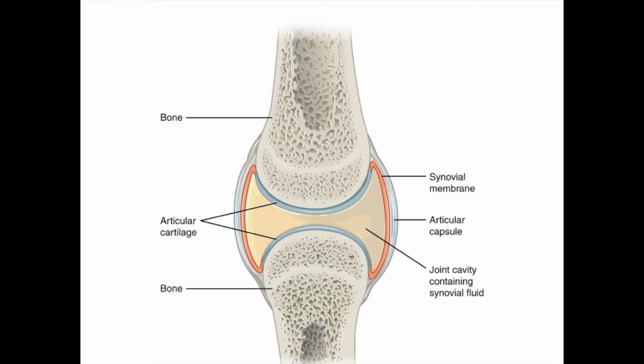A joint cavity is a space between bones that is encapsulated by a synovial membrane and articular cartilage.